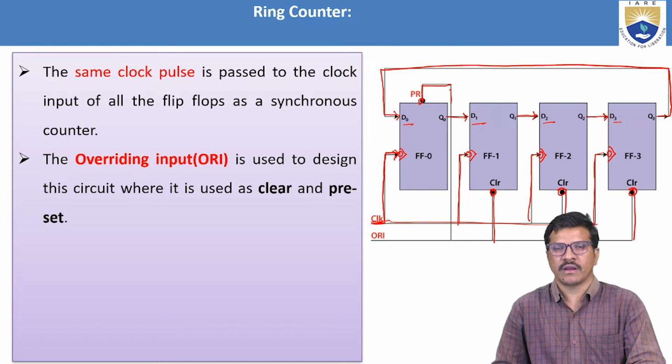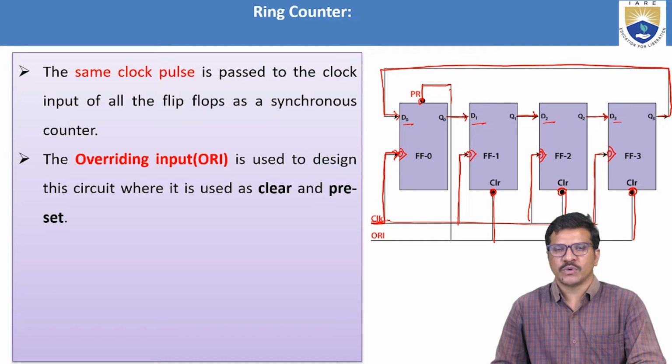Most of the time they are active low inputs. With the help of these asynchronous inputs, clear and preset, if you want to clear, an active low is given to the clear input. It clears all the flip-flop output stages. When all the flip-flop states are in an initial state like zeros, then the actual counting process starts.